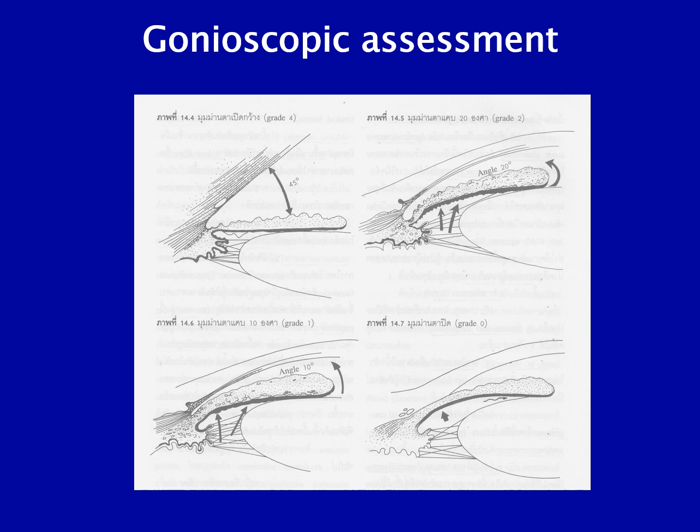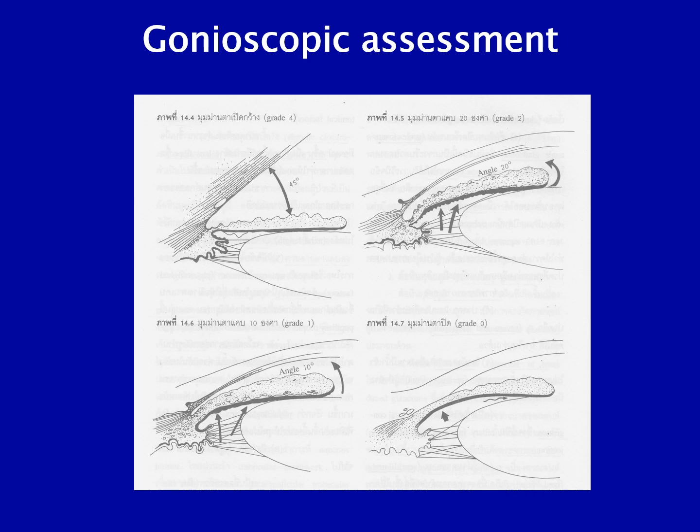If you visualize this angle with the help of a gonioscope, you can visualize the ciliary body easily. And grade 3 angle, which is not shown in this picture, is from 25 to 35 degrees, and both grade 4 and grade 3 angles are non-occludable angles.